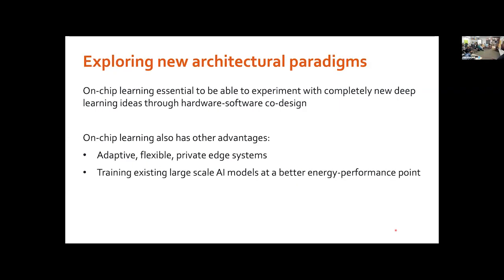And a big part of this is learning, what is called on-chip learning, right? Because if you're not learning on the hardware, then it's really hard to try out new architectures. So let's say you come up with a really cool alternative to transformers. It's probably not going to scale on GPUs, right?